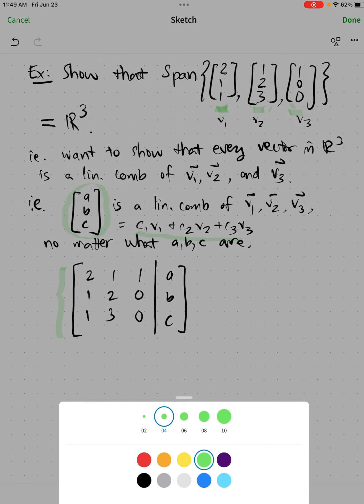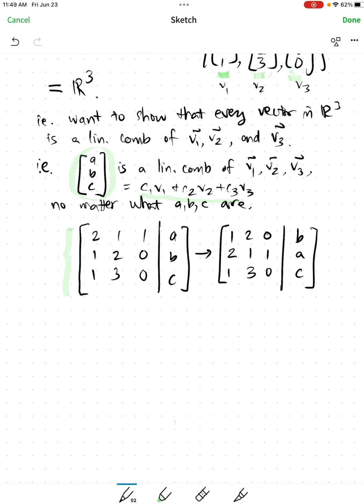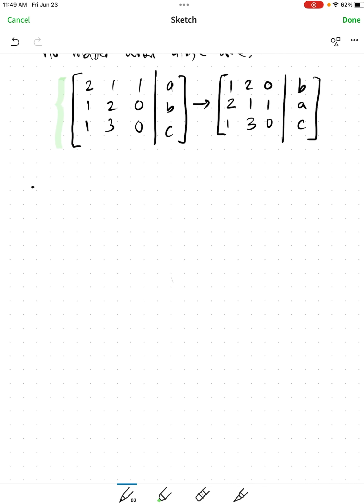Alright, so we row reduce. Let's swap rows 2 and 1. Then we have a pivot here, and we need the numbers below to be 0, so you can do row 2 minus 2 row 1.